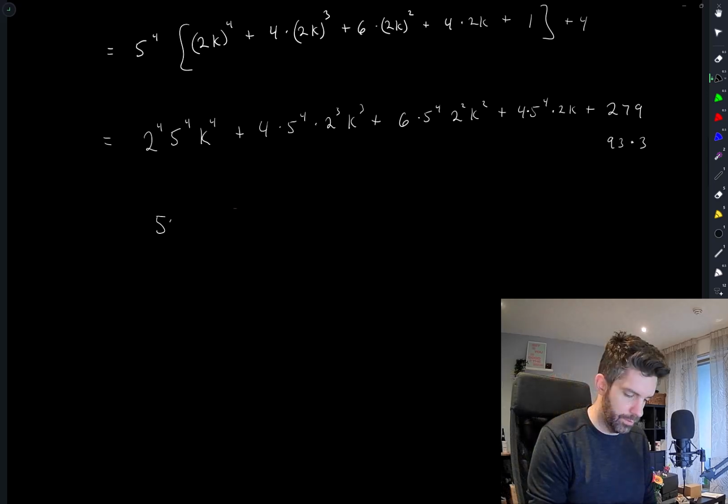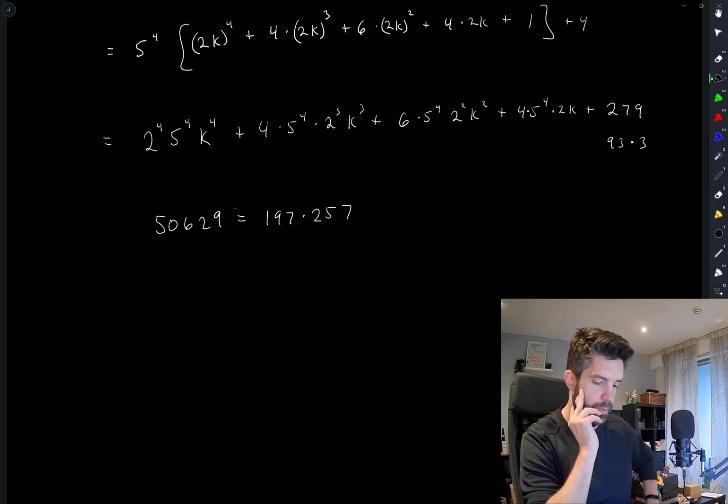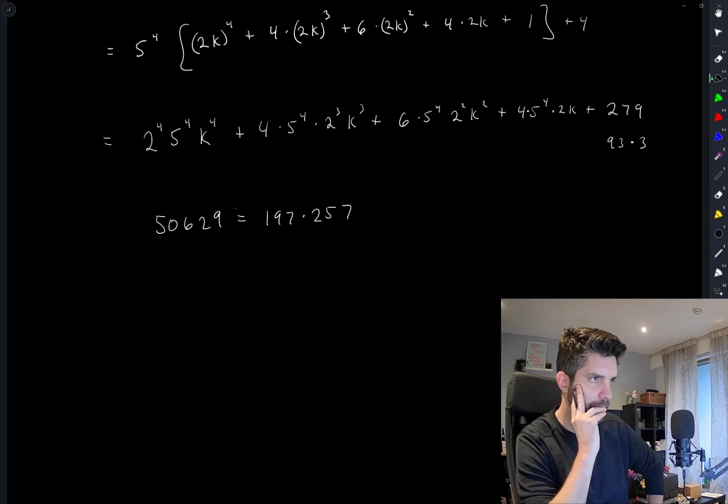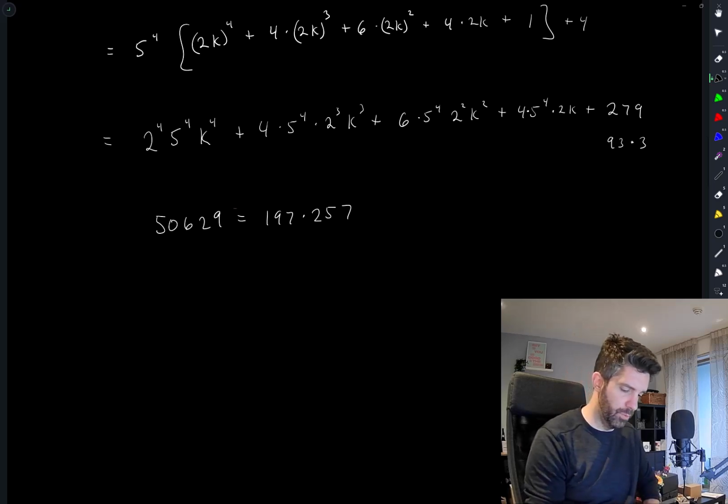It turns out that 50629 is equal to 197 times 257. Both of those numbers are prime. So do we go up to 25 to the power of 4?